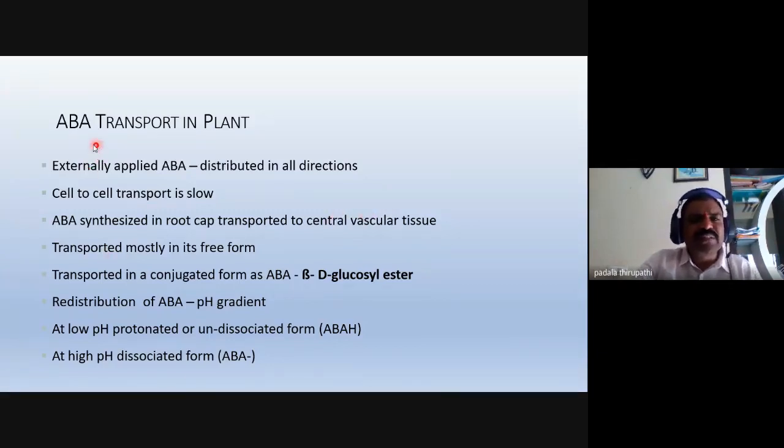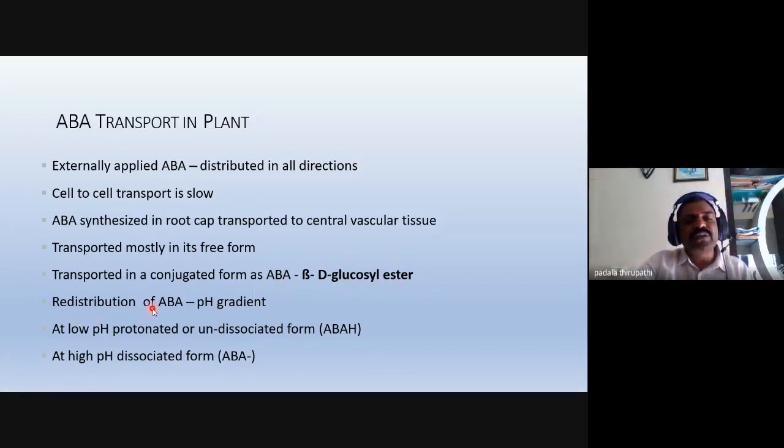Afterward, ABA is transported mostly in its free form, but it is also transported in a conjugated form, as ABA beta-D-glucosyl ester. This is a conjugated form.